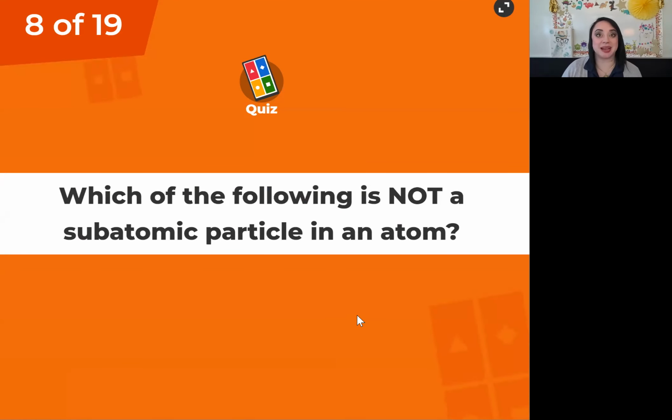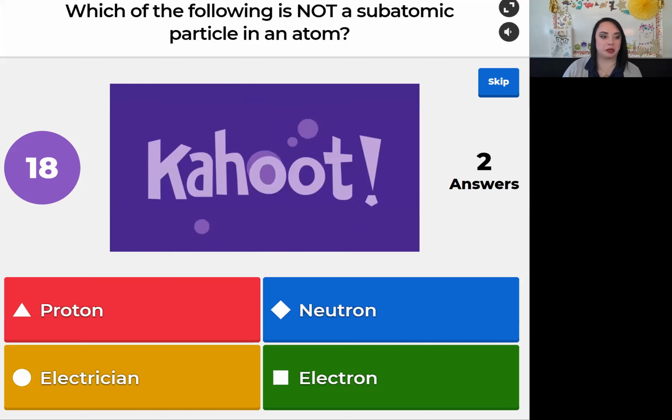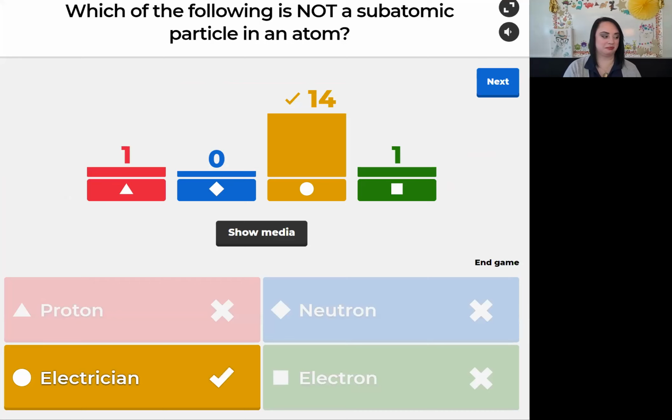Which of the following is not a subatomic particle in an atom? Good. An electrician is a person that fixes electrical work and appliances. Protons, neutrons, and electrons are the subatomic particles.